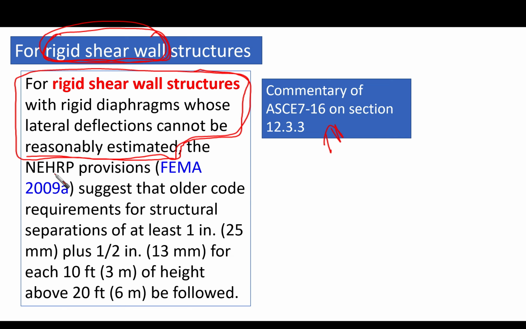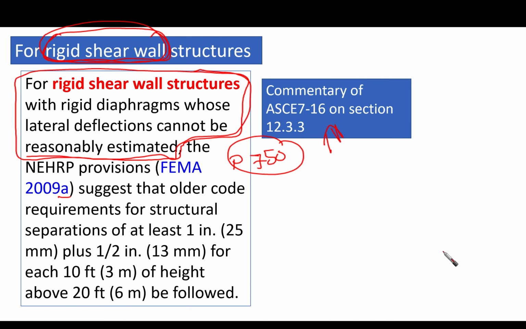Based on this, the NEHRP provisions, which is FEMA P-750, 2009, suggest that older code requirements for structure separations of at least 1 inch plus ½ inch, 13 millimeter, for each 10 feet of height above 20 feet be followed.